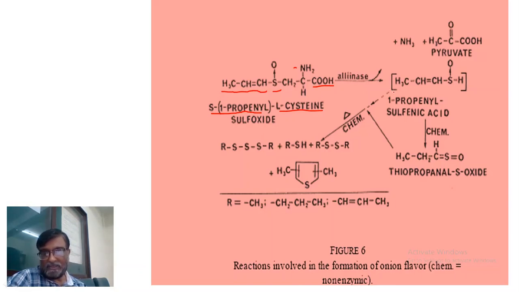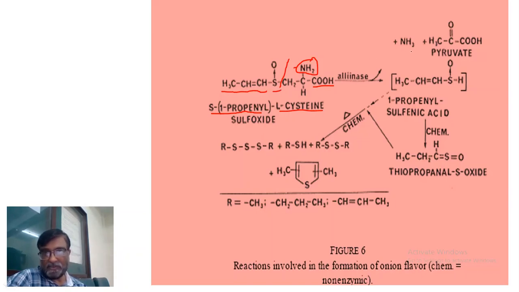Actually, it is going to break the substance at this position, right? First of all, it removes this nitrogen-containing part, cutting it from this point. So this part is separated and this part is separated.